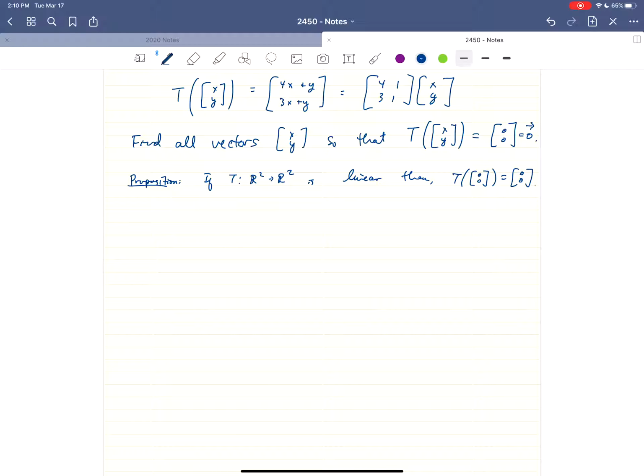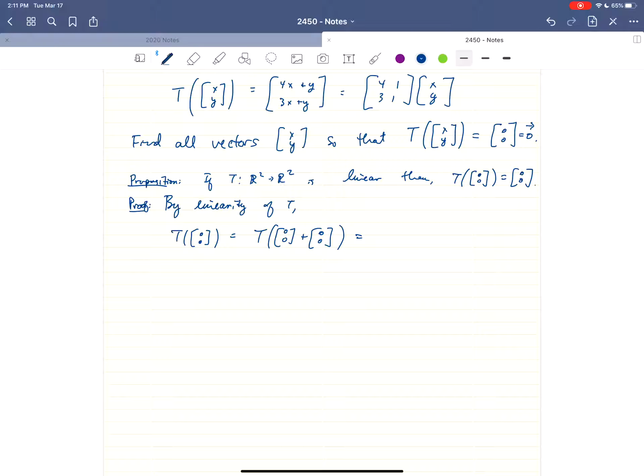There are lots of ways to prove this, but I think the easiest is to walk through the definition of linear. By linearity of T, I can write (0, 0) as (0, 0) plus itself, so T of (0, 0) is T of (0, 0) plus (0, 0).